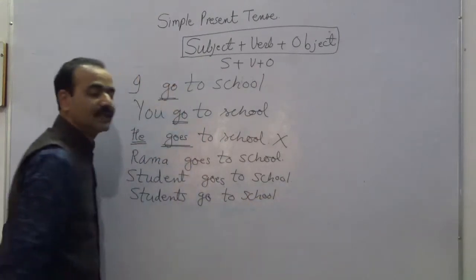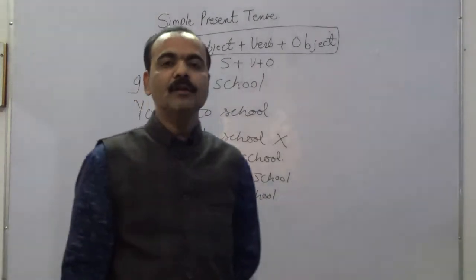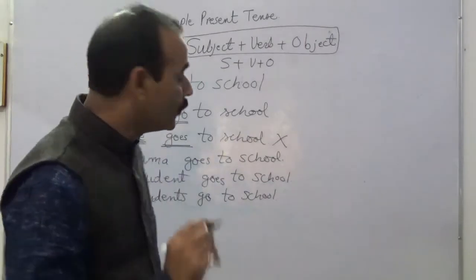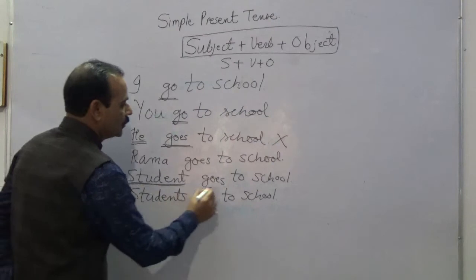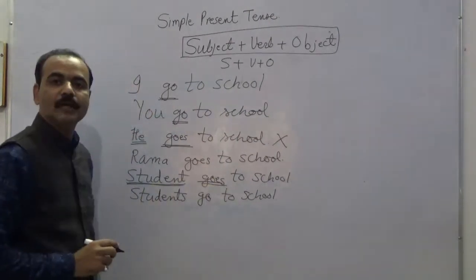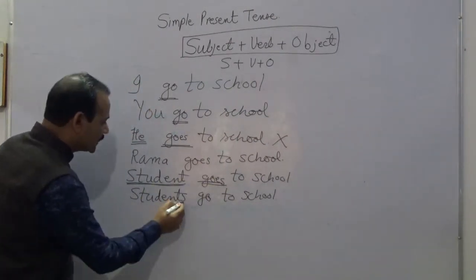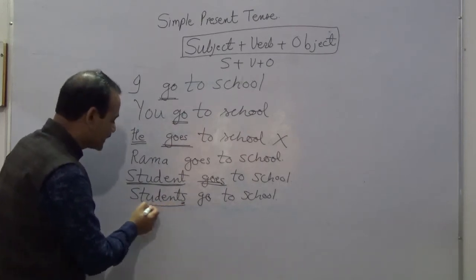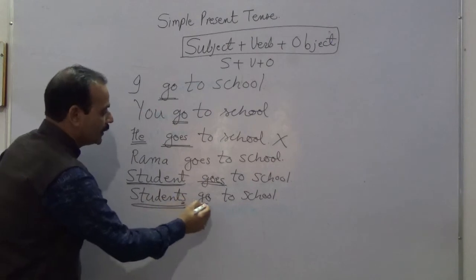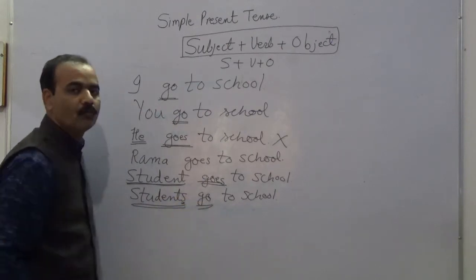That is, there is an agreement between the subject and the verb. When the subject is singular, the verb is also singular. When the subject is plural, that is, we have used the subject students, which is more than one, it must agree with the verb.